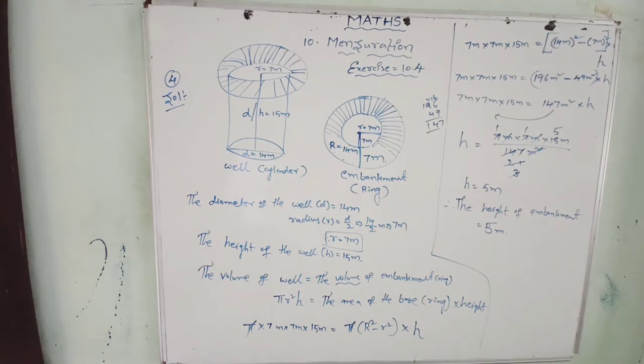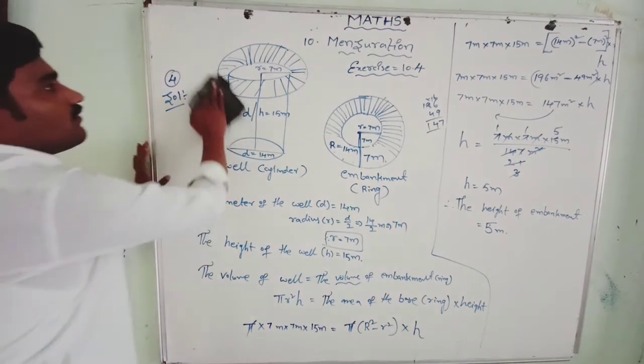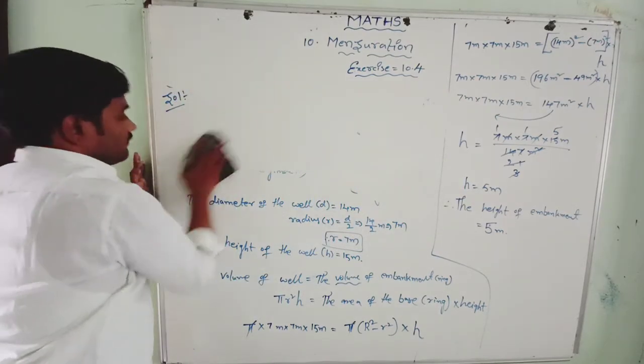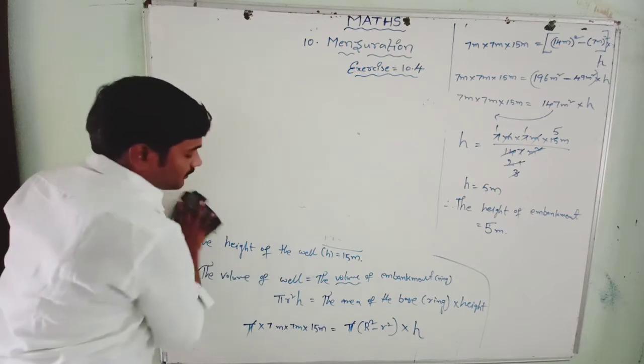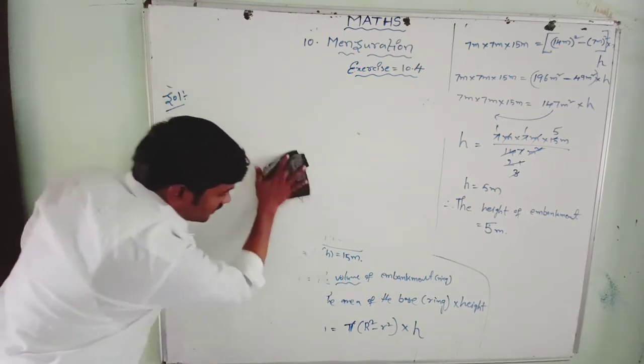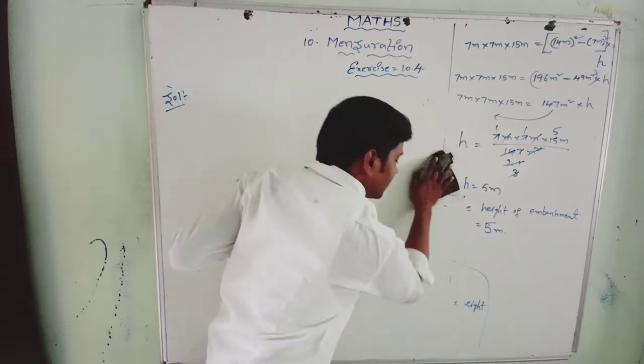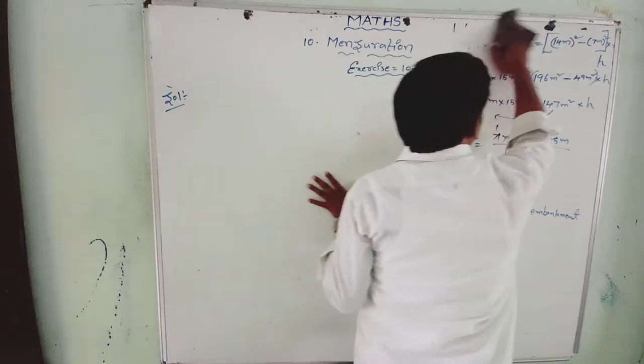Now we go for question number 5. Here, question number 5, read. Interesting question, because here there will be one container, a container in the shape of a cylinder.